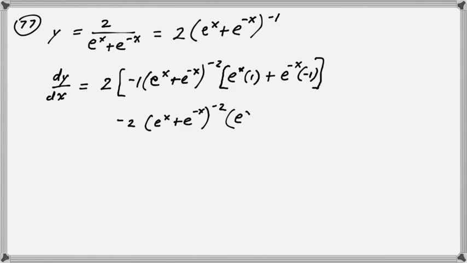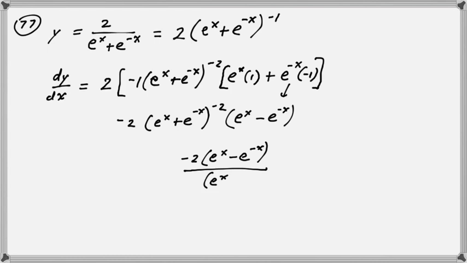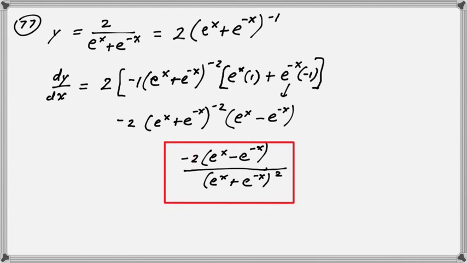And this is going to be e to the x minus e to the negative x, because that's what it becomes. So you end up with negative 2 times e to the x minus e to the negative x, all divided by e to the x plus e to the negative x quantity squared. Okay, let's just take a look at it. I rewrote it, but I think this should be the derivative.